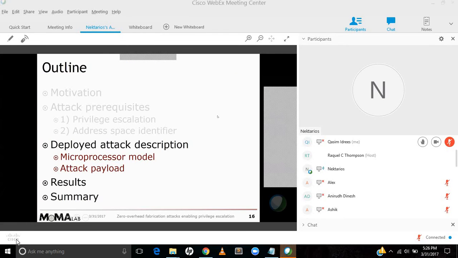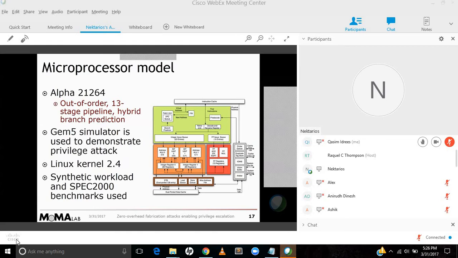Okay. So this particular attack has been implemented on the design of a particular processor, Alpha 21264. This is an out-of-order 13-stage pipeline with hybrid branch prediction. We didn't actually do it on real hardware.